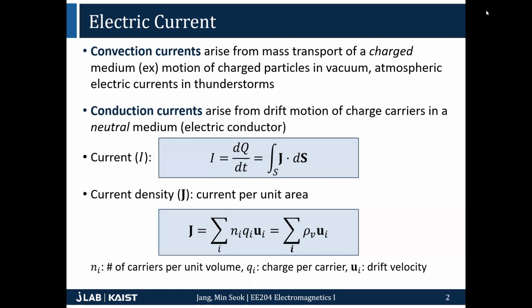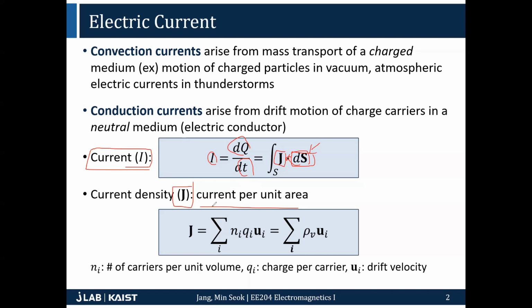So how is it defined? As everyone knows, current is charge per time, right? And then current itself is a scalar amount, but it can be calculated from the vector quantity, current density, current per unit area, J dot dS. Of course, this is an area vector, and then take an integration for the cross section.